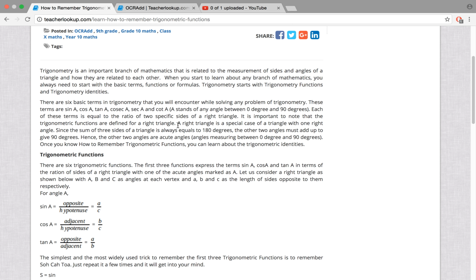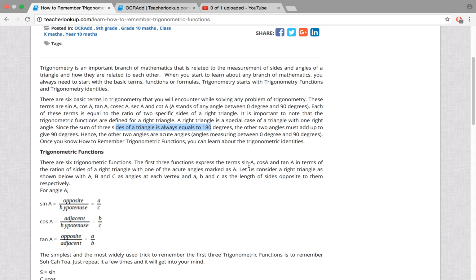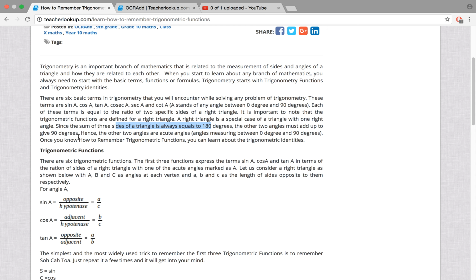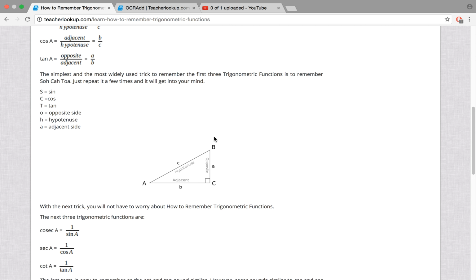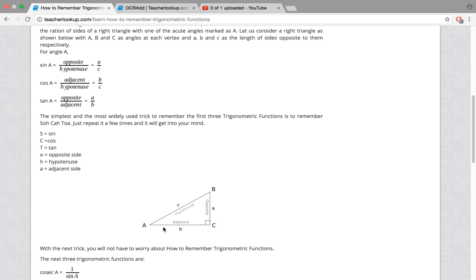Sorry, also one more fact: all of the angles of a right angle triangle add up to 180 degrees, and the other two angles must add up to give 90 degrees. So basically all of the angles add up to 180.